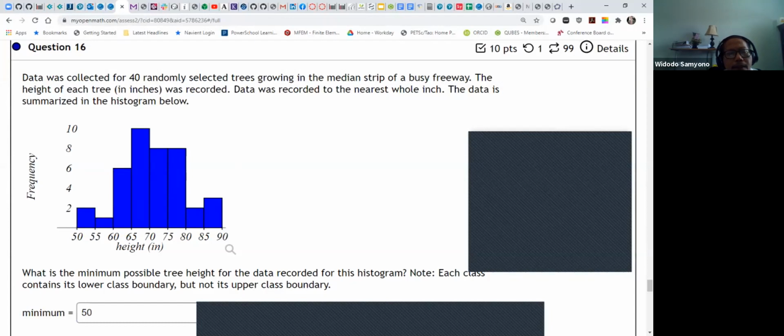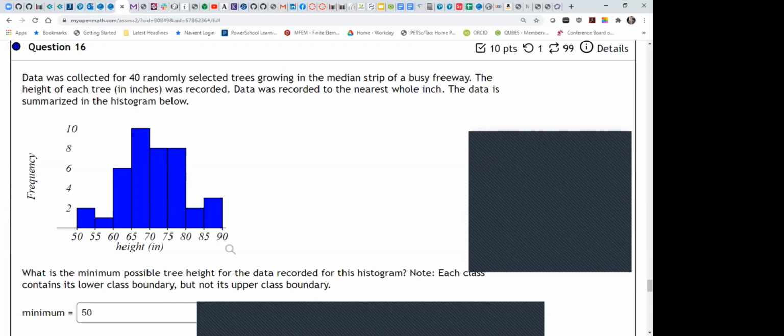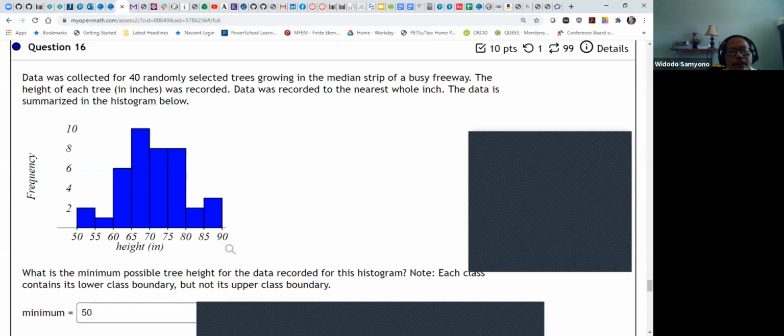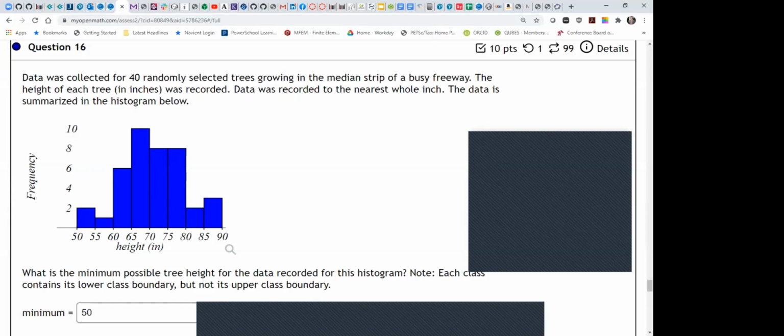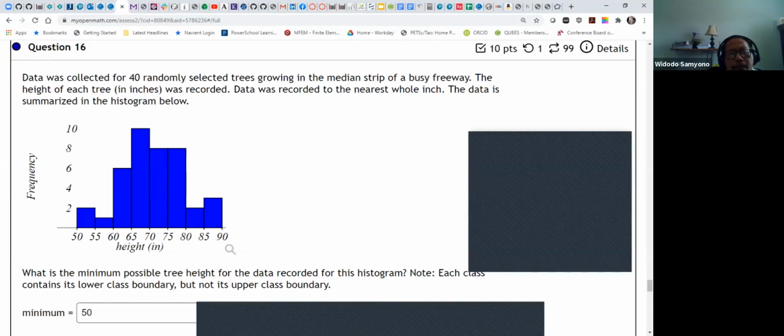Remember the number here represents the lower class boundary, right? You subtract 1 because if you're looking for the maximum, this one is the lower class limit for the next class, but you don't have the next class, right? So the maximum, you need to subtract by 1.